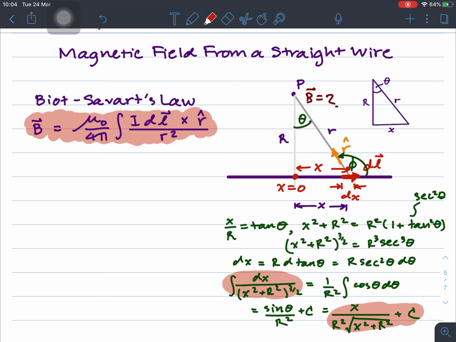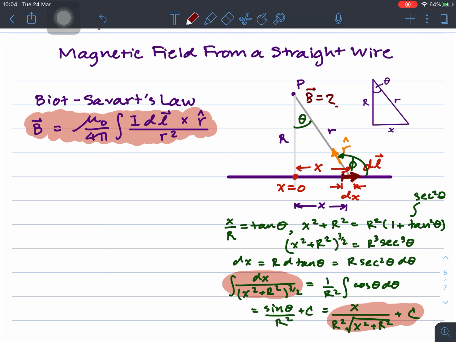The important part of considering the Biot-Savart's law is to define the dl and to define the r. So dl will be the small elements of the current that I try to divide the length L into, the small length dx. Then we define the vector dl that has the length of dx and has the direction to the right-hand side in this picture.